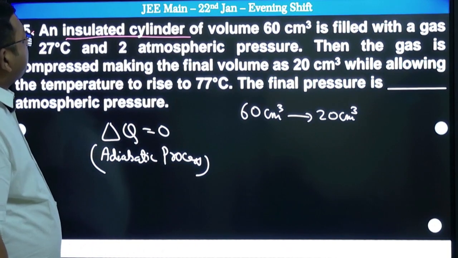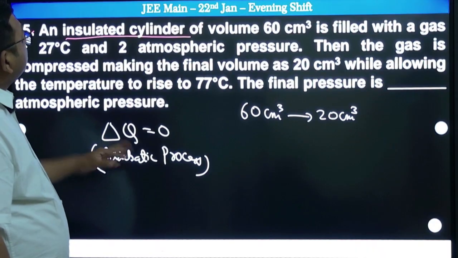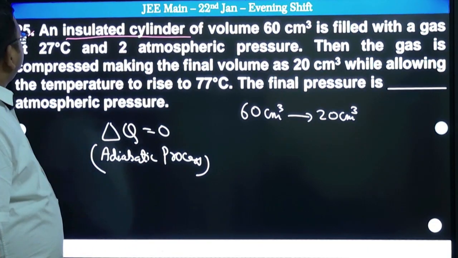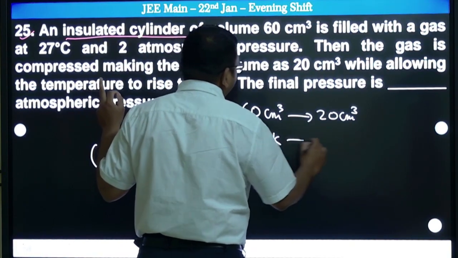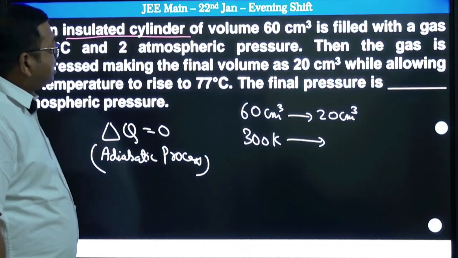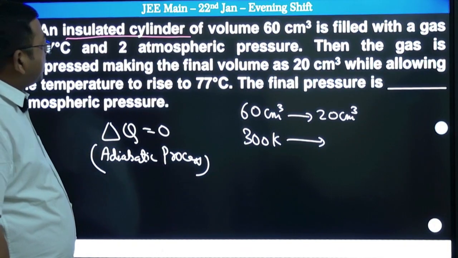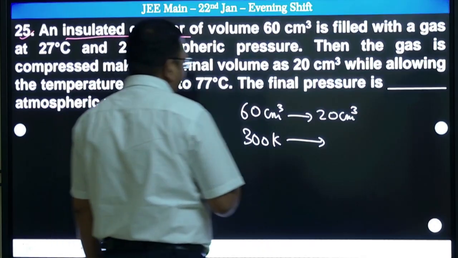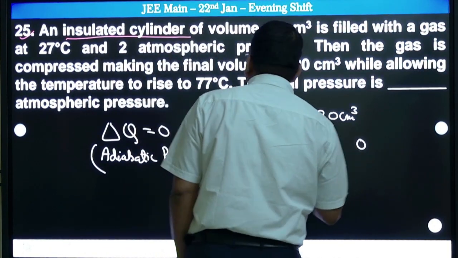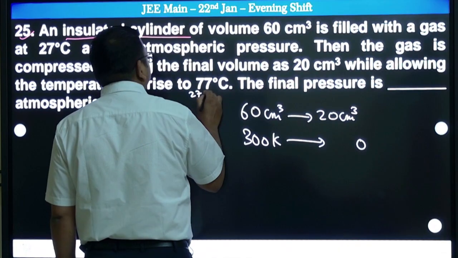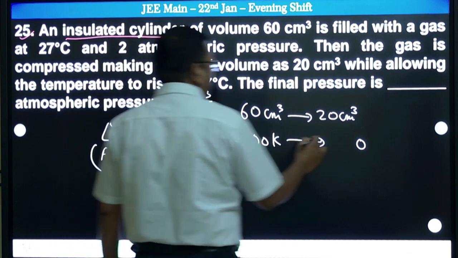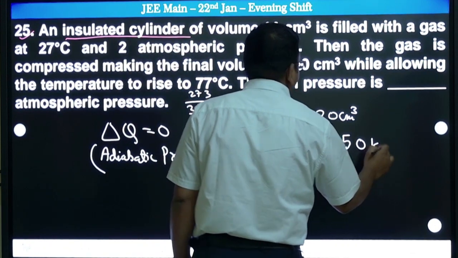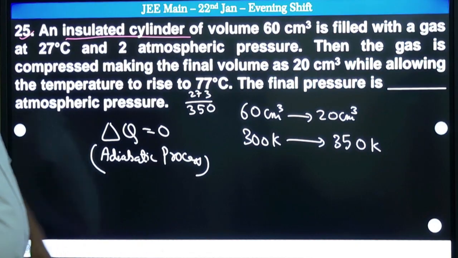And the temperature rise is happening. Initial 27 means 300, remember 300 Kelvin you have to take, and this is 77. So 77 plus 273 you add. How much will it become? 350. 350 Kelvin is the final temperature, right?